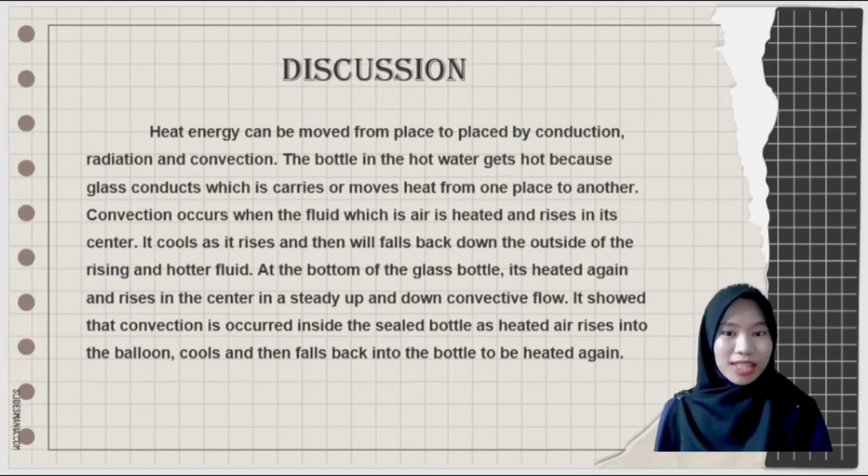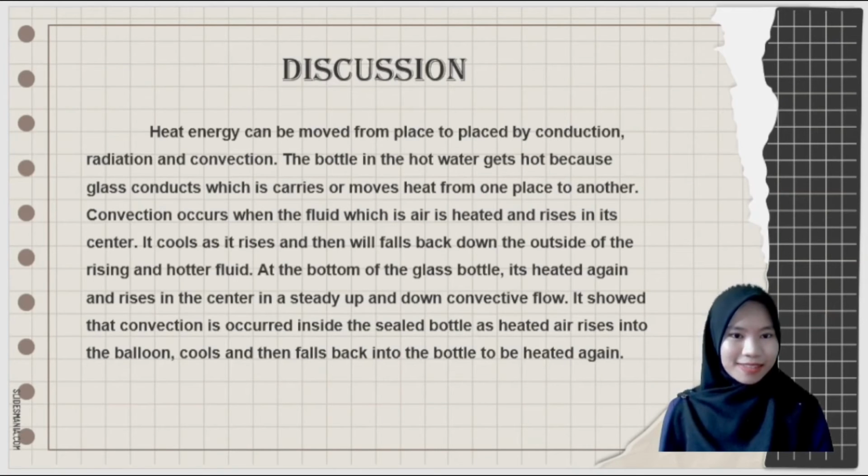It cools as it rises and then falls back down the outside of the rising and hotter fluid. At the bottom of the glass bottle, it is heated again and rises in the center in a steady up and down convective flow. It showed that convection occurs inside the sealed bottle as heated air rises into the balloon, cools and then falls back into the bottle to be heated again.